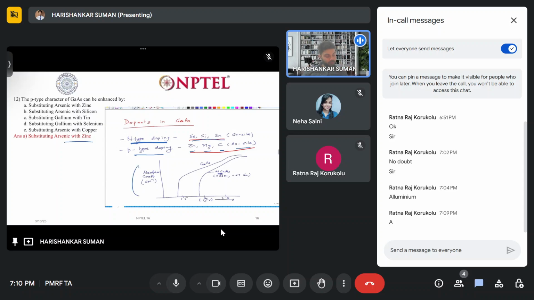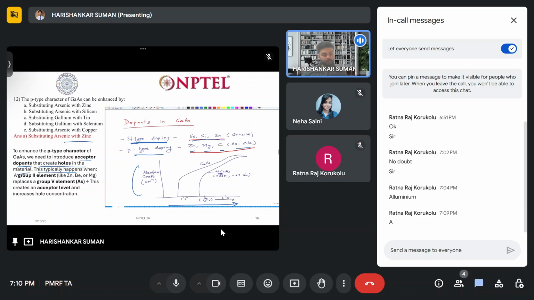absorption coefficient versus band gap, you can see. Okay, to enhance the p-type character of gallium arsenide, we need to introduce an acceptor dopant to create holes in the material.